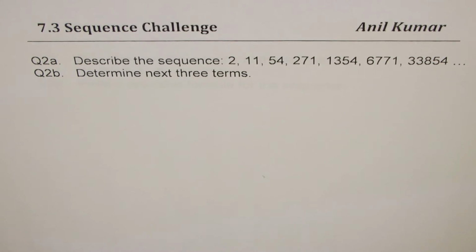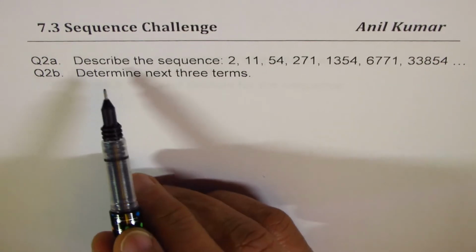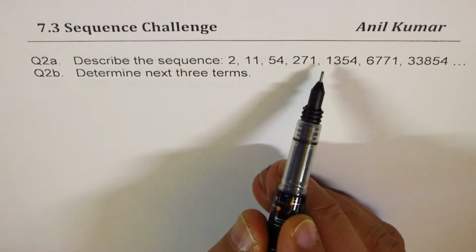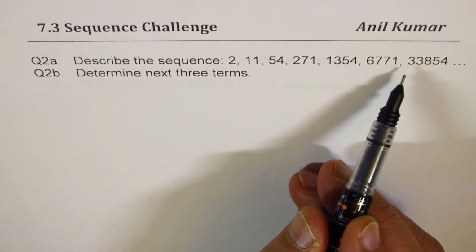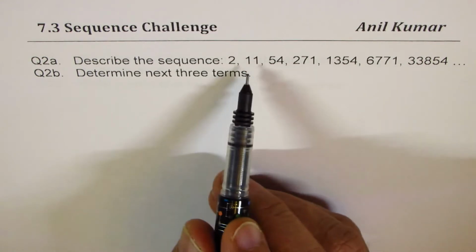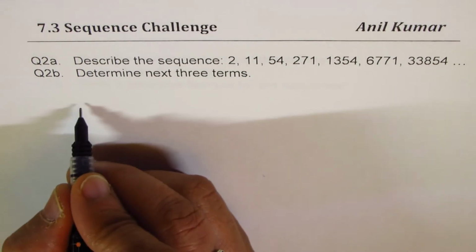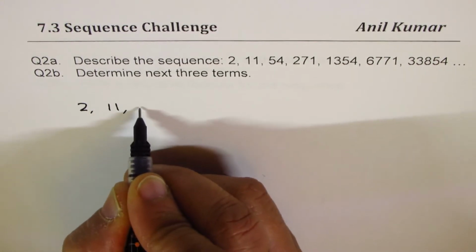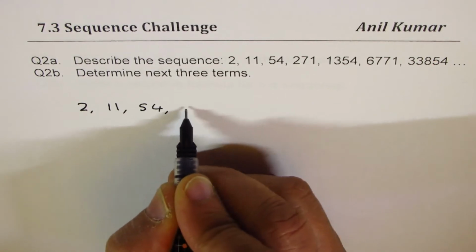Question number 2a. Describe the sequence 2, 11, 54, 271, 1354, 6771, 33854. Now the numbers rapidly increase, right? So let me rewrite this. It is like 2, 11, 54.